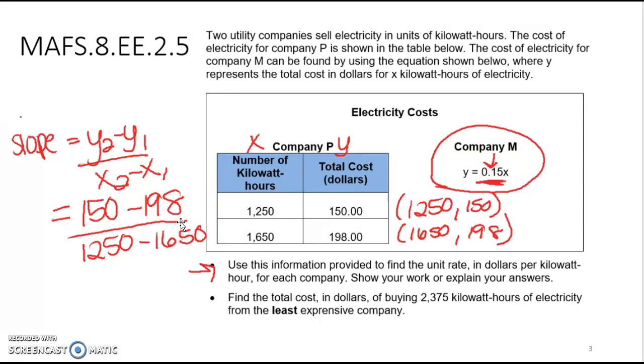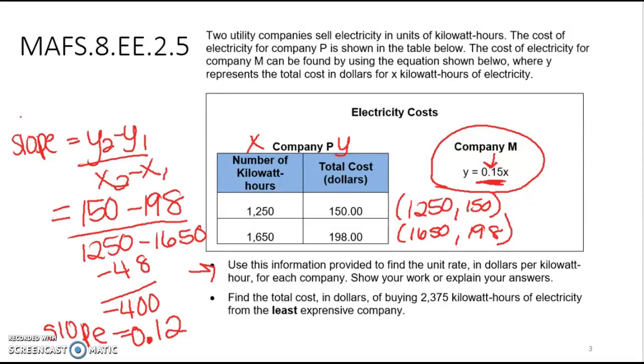So 150 minus 198 is negative 48 over 1250 minus 1650 equals negative 400. So when I divide those, I end up getting my slope, or my rate of change, is equal to 0.12.